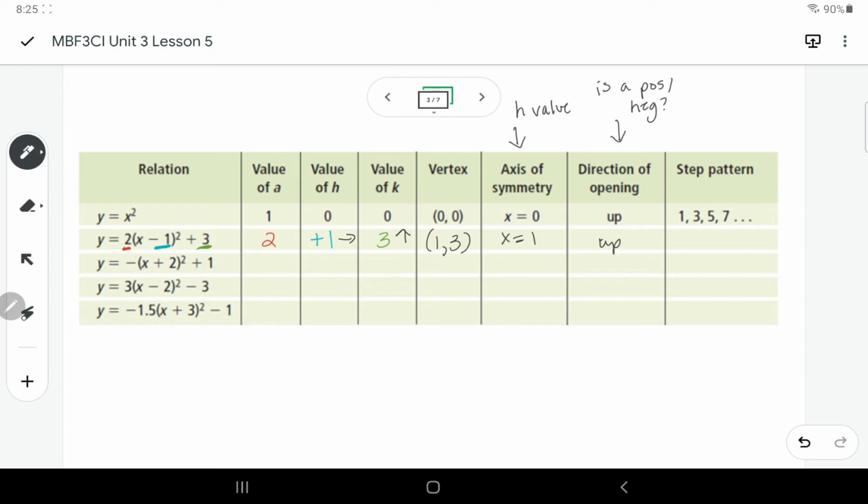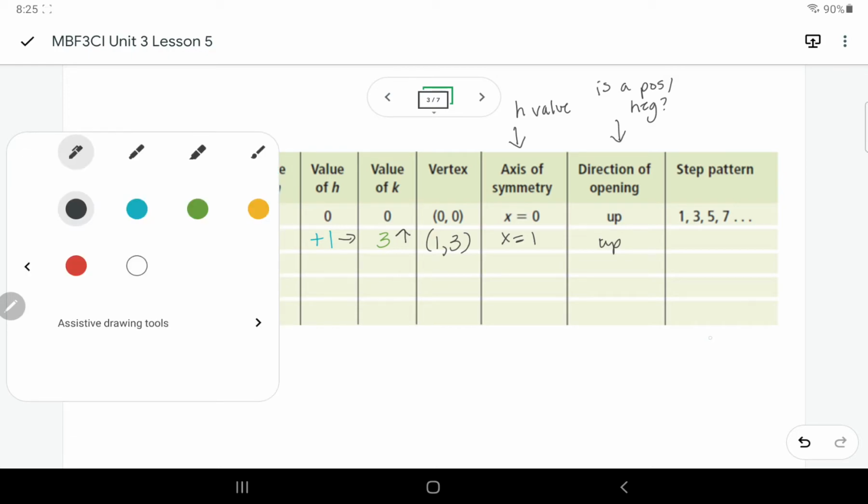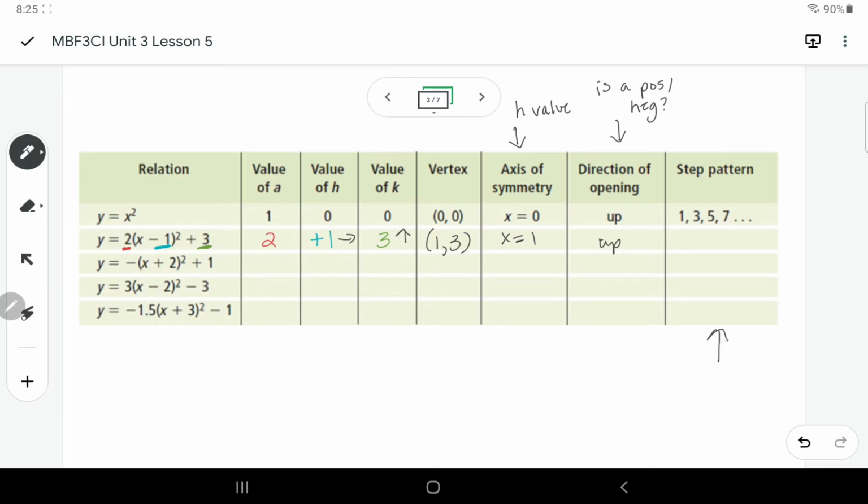And my step pattern, for this step pattern, you're going to multiply the steps by A. So here our base step pattern is 1, 3, 5, 7. We're going to multiply that by 2. So we'll get 2, 6, 10, 14.